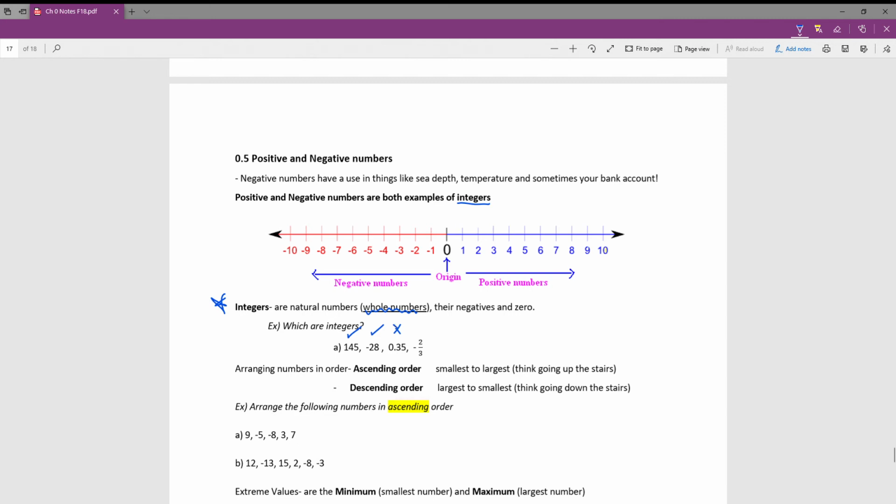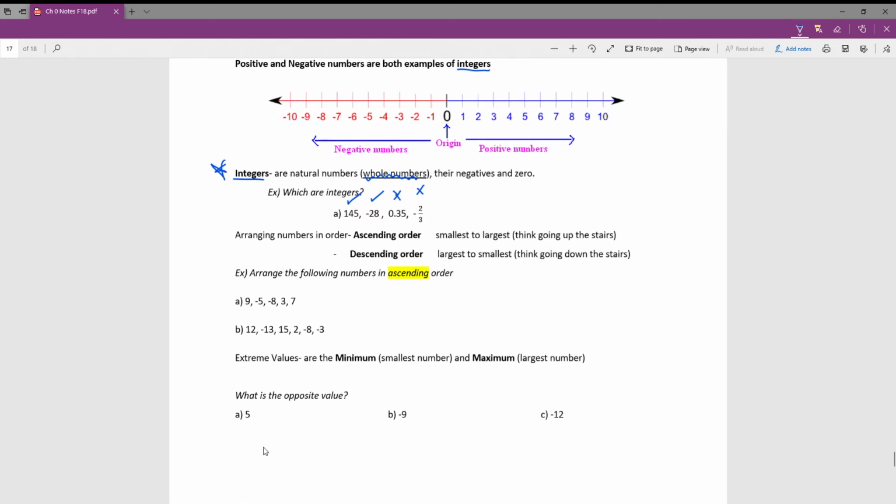That's a very specific word. It's not just positive and negative, but positive and negative whole numbers, and zero. And again, this is a fraction, so not an integer. That'll come back to us in coming sections, and I'll remind you of that. There's a lot of vocabulary, and a lot of it matters. The language of math is very specific, and that's what we're talking about with integers.